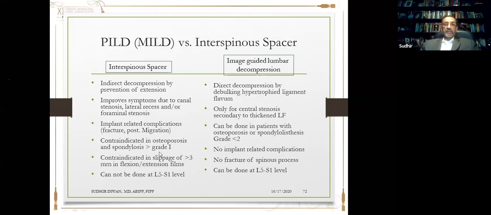The spacer is also contraindicated if the slippage in the spondylolisthesis is more than 3 millimeter. With MILD, there is no issue. Also, the interspinous spacer cannot be done at L5-S1 because you need two spinous processes to place the spacer, so unless the patient has an L6 vertebra, you cannot do this. With MILD you can do it. So there are some subtle differences.